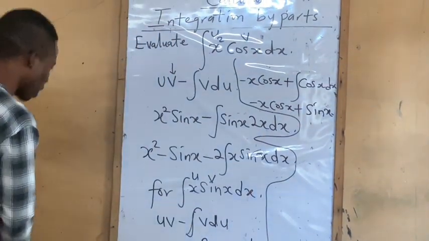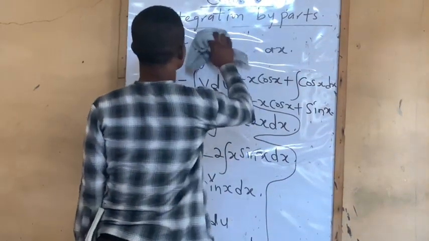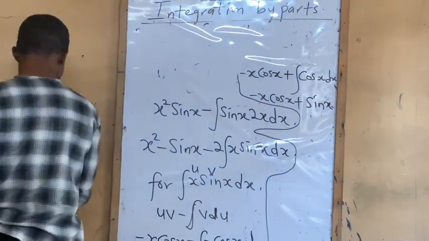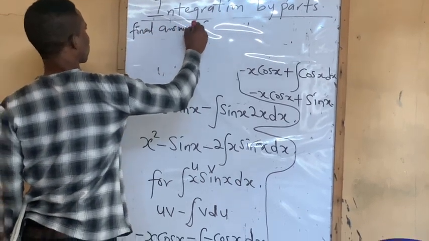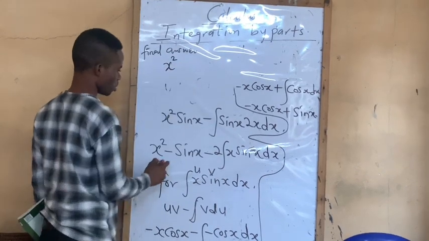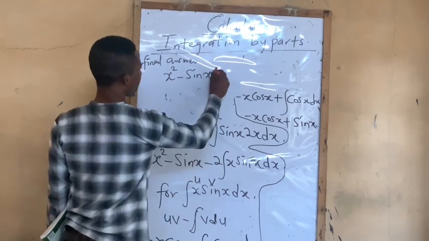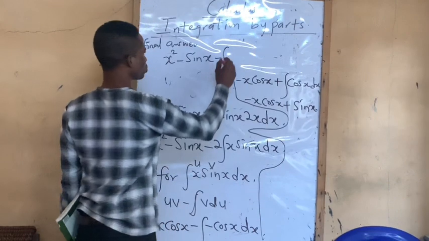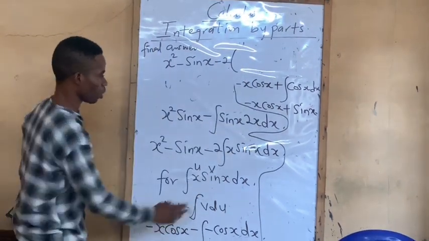So that means our final answer is going to be x squared minus sine x minus, let me open a bracket, minus 2, open a bracket, and what did I get?